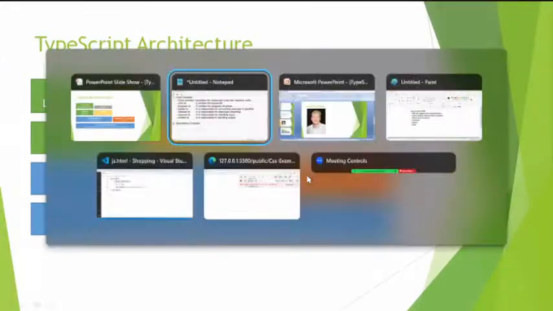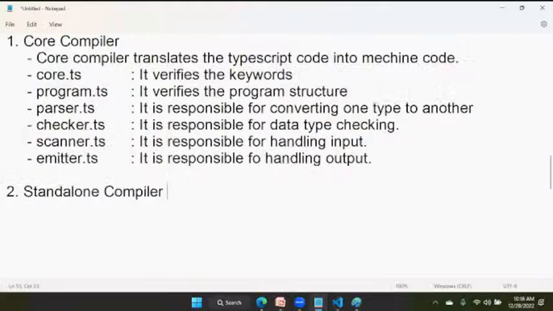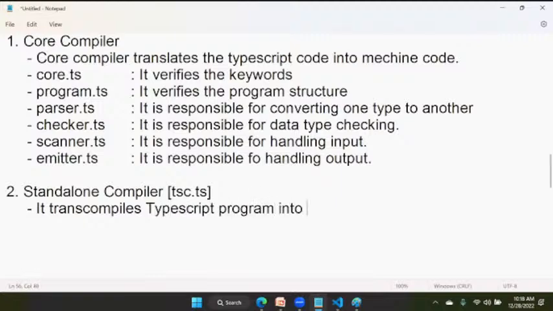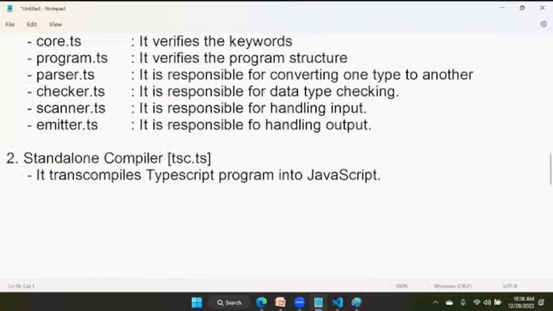The standalone compiler is tsc.ts, that is the file. And what is the purpose of the standalone compiler? It transcompiles the TypeScript program into JavaScript. Whatever TypeScript program you have written is translated into JavaScript.